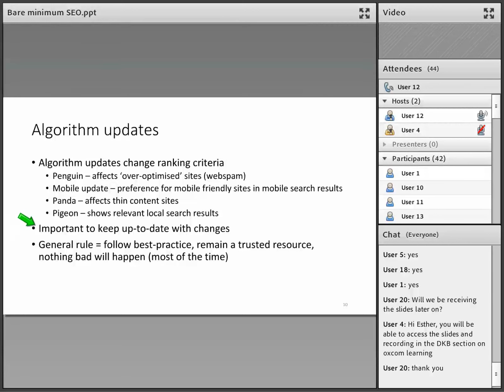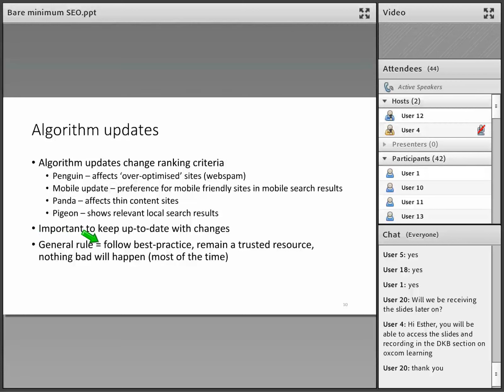So it's important to keep up to date with algorithm changes. I wouldn't say that if you don't work in SEO, and it's not part of your main job role, you need to be looking at this on a regular basis. But what I would do is, if you ever experience a drop in traffic, the first thing to do is type into Google "algorithm update", and you'll find that if there's been a recent algorithm update, somebody in the SEO press will have written about it.